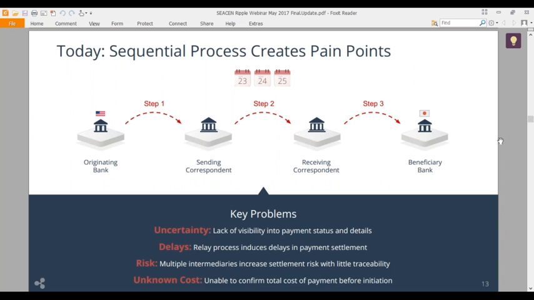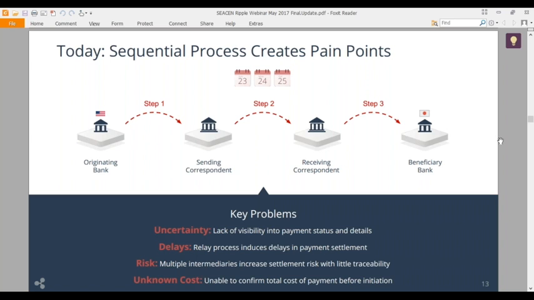When we're looking at our payment systems today, when making cross-border payments, we use a sequential process, meaning there's a chain of intermediaries, and the payment moves one step in the chain at a time, so one link at a time. On the slide here, you can see there's 3 steps to that payment. The originating bank will send the payment to a correspondent.